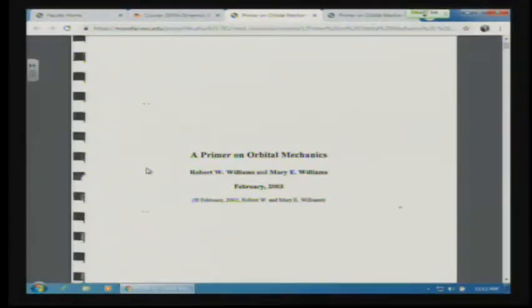So anyway, to give credit where credit is due, this primer was written by Robert and Mary Williams, who were a married couple who were also rocket scientists with the Jet Propulsion Laboratory. I was fortunate enough that they offered this to me to teach my classes from.